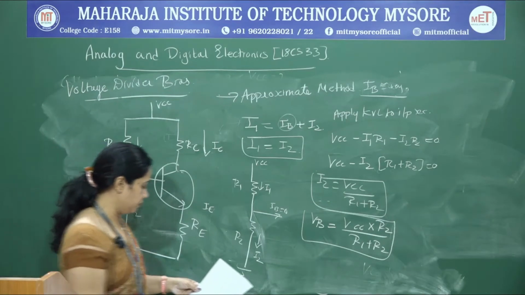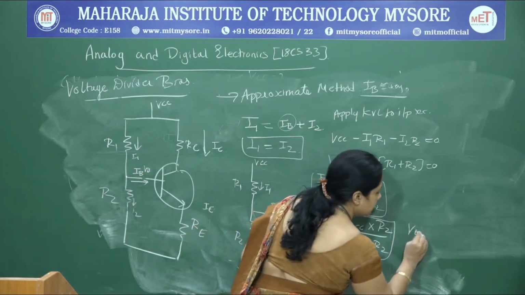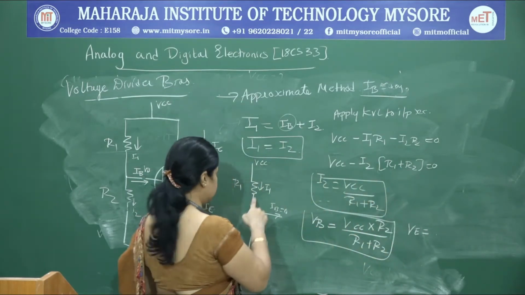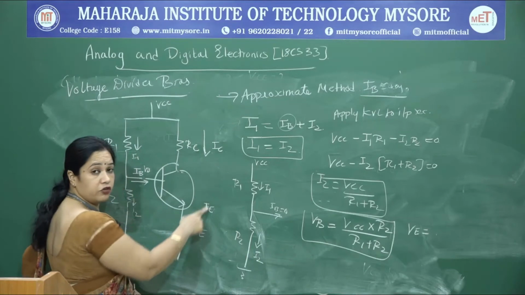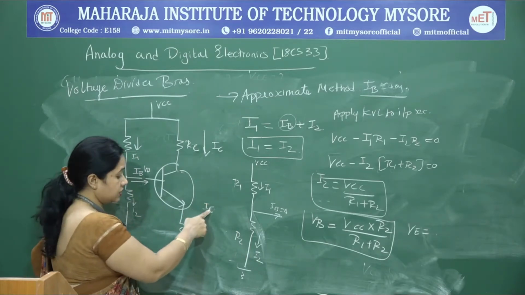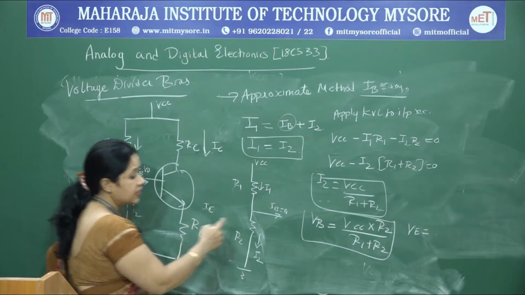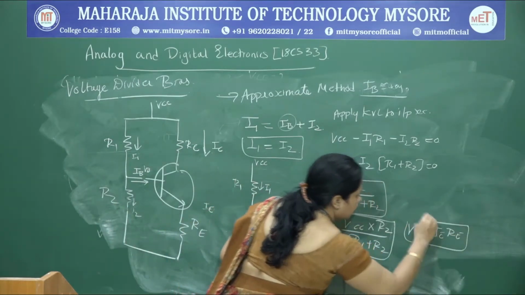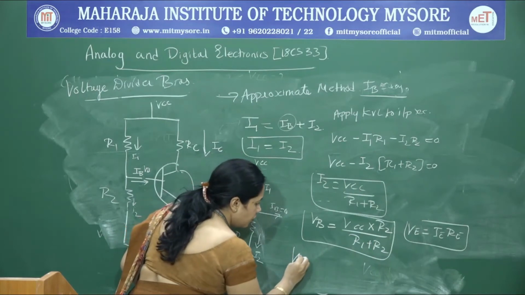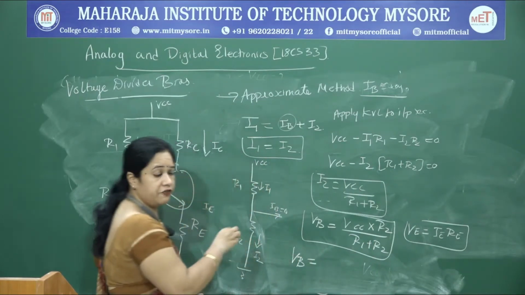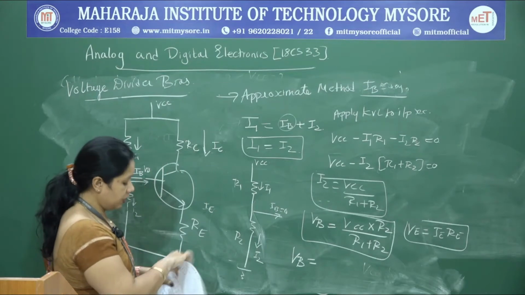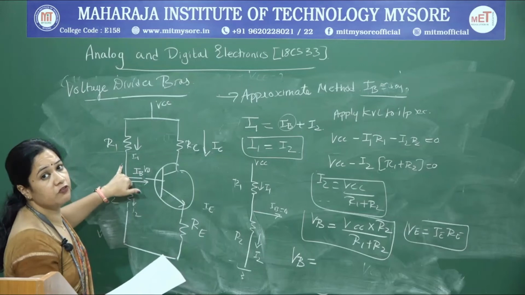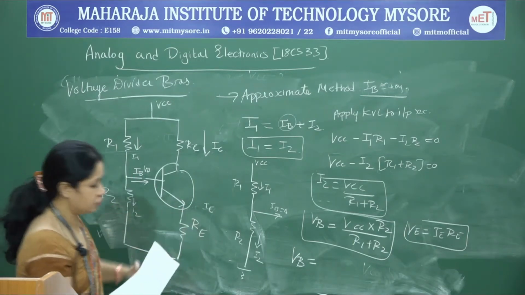Now, what is the voltage across the emitter? The voltage across the emitter is the voltage drop across it, so it is the product of current and resistance, it is IE into RE. And we also know VE is the potential difference between VB and the junction voltage VBE.